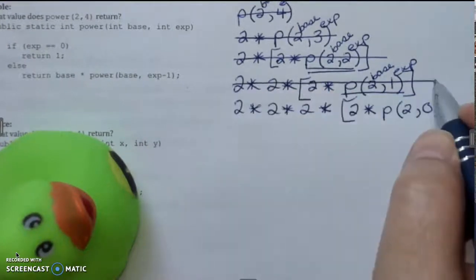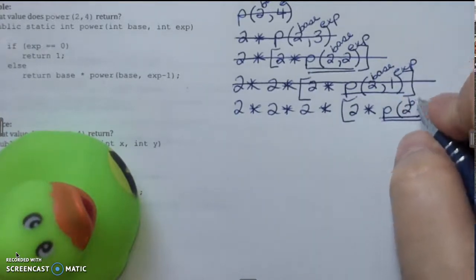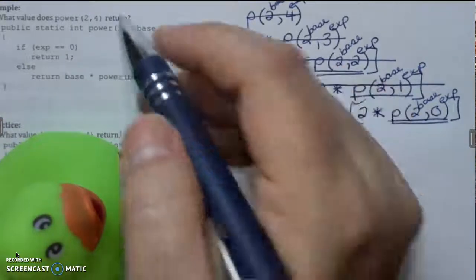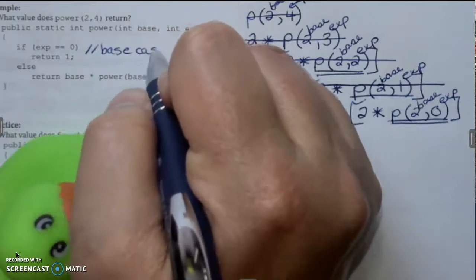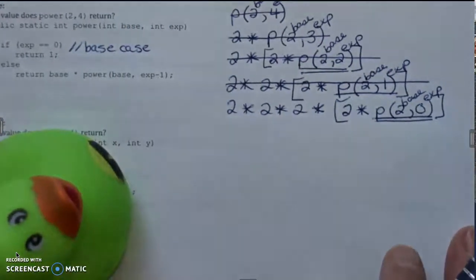So this is done, and now I need to do this piece. Base is 2, exp is 0, and hopefully we've recognized this is our base case, and it is the base case because it's the part that stops us recursing.